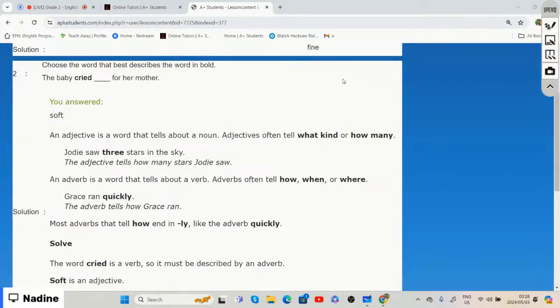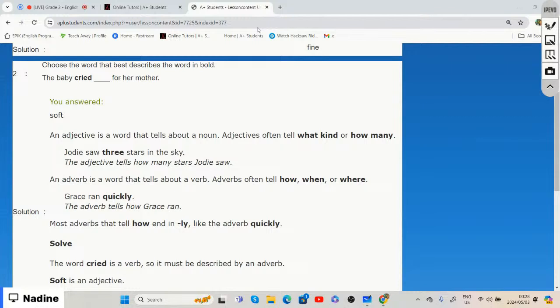So we are now still on adjectives, right? And remember adjectives. All right.